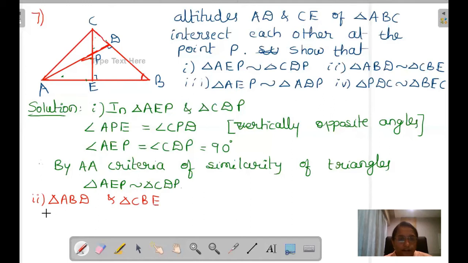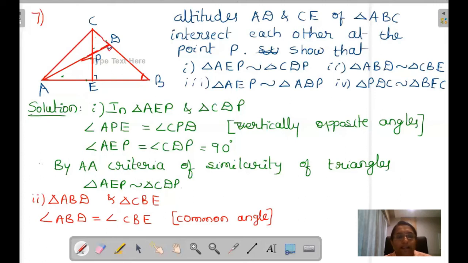We'll write angle ABD is the same as angle CBE, that is the common angle.